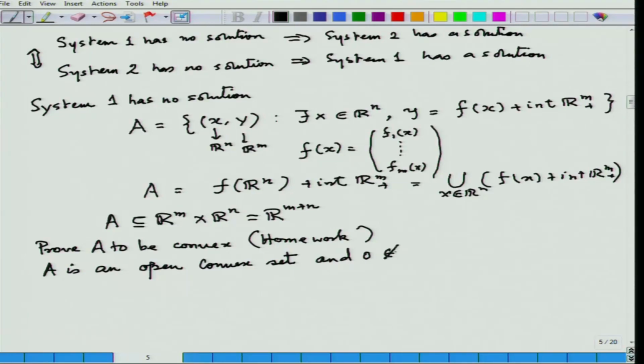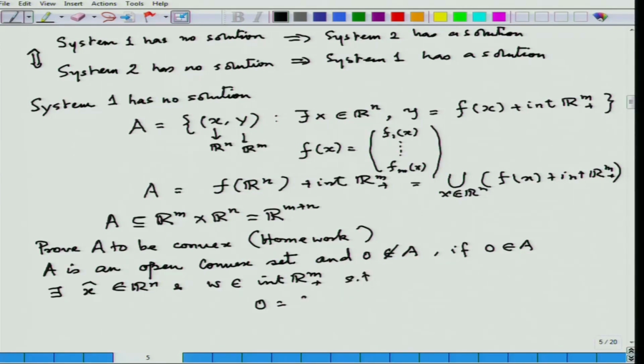And 0 is not an element of A, because if 0 is an element of A, then there would exist x hat in Rn and W an element of the interior of Rm plus such that 0 is equal to f of x hat plus W, or f of x hat is equal to minus W. Now, every component of minus W is strictly negative.